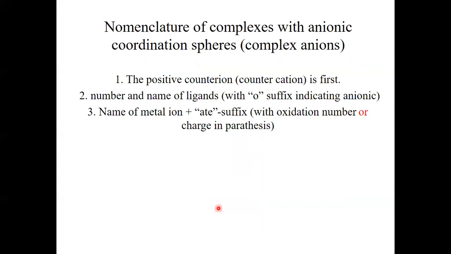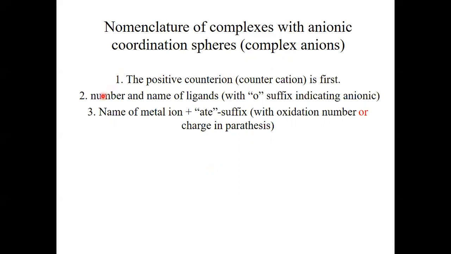So in the next step, then, we look at, well, do our ligands form a complex cation or complex anion? So let us first assume we make a complex anion, and we need to name that complex anion. So the complex anion needs to have a cation, and we name that cation first.